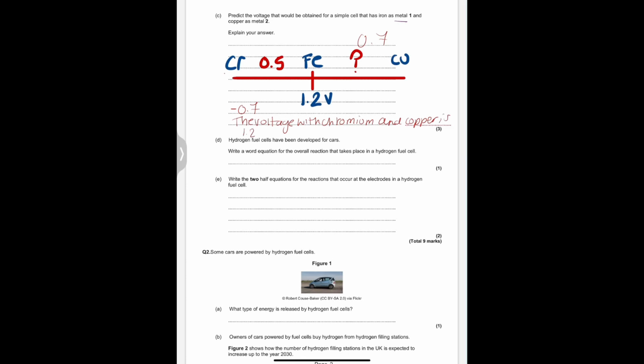And the voltage with chromium and iron is 0.5, and that will get you the full 3 marks. Okay, that's all you have to do. Just remember, copper is less reactive than iron.